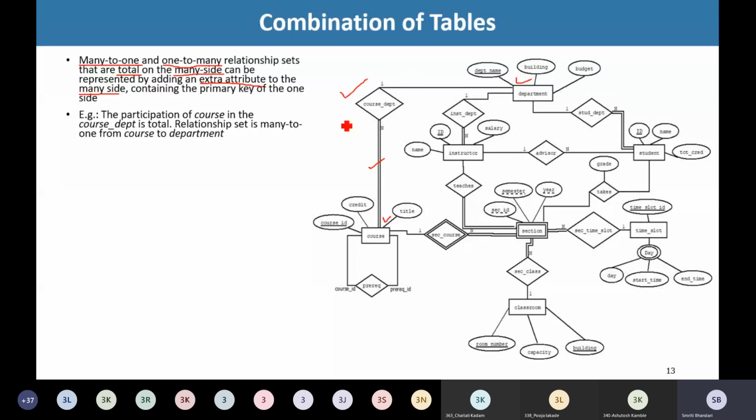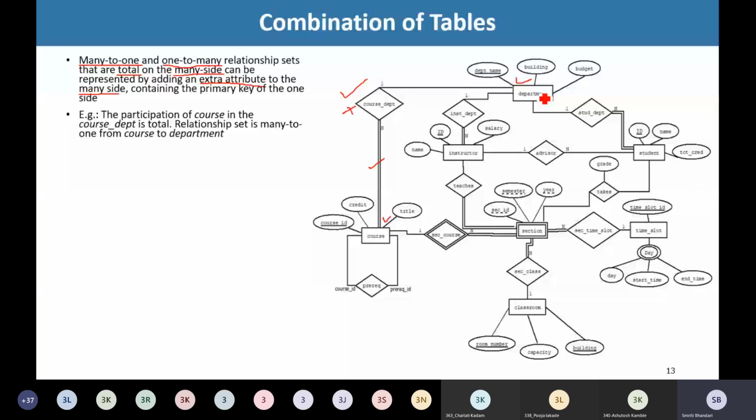What my rule says is, if this is the situation, then there is no need to create a separate table for this relationship set, course department. Instead, we can add the primary key of the entity set towards the one side. Which is the entity set towards the one side? It is department.